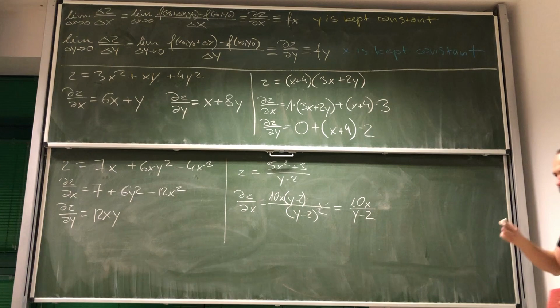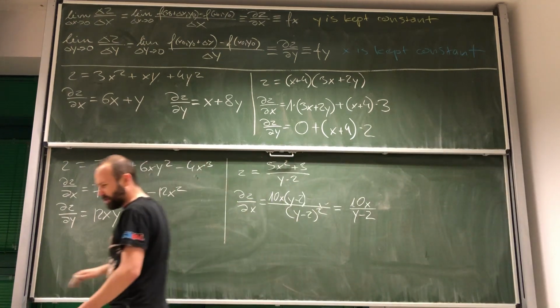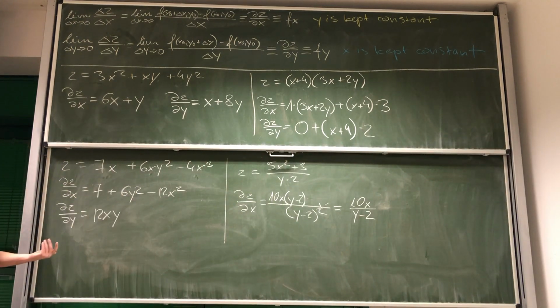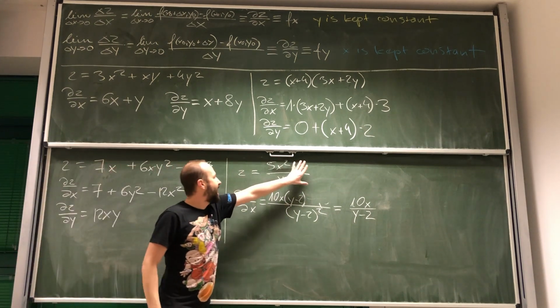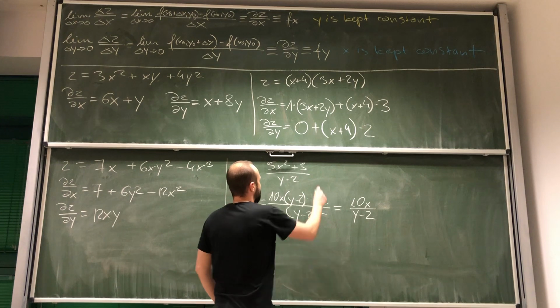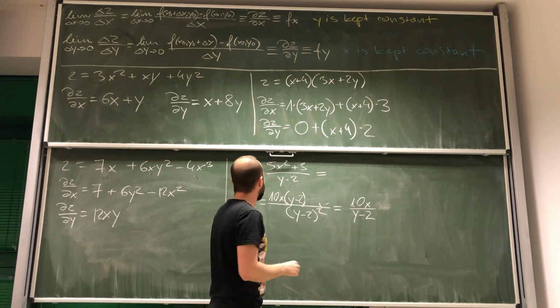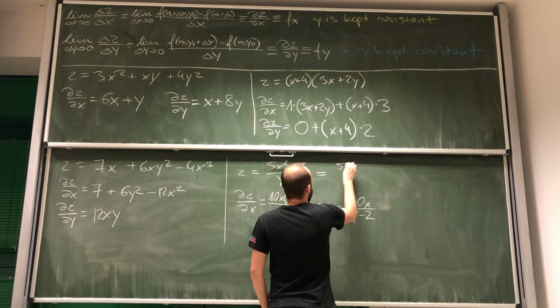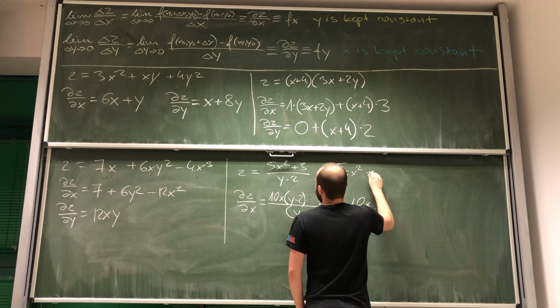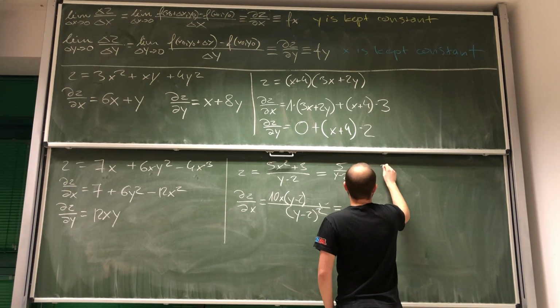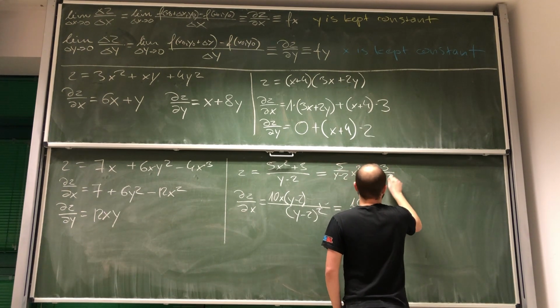Let me show you that even though here quotient rule is implied, we don't need to do it. I can think of this function differently. This is the same as 5 over y minus 2 times x squared plus 3 over y minus 2.